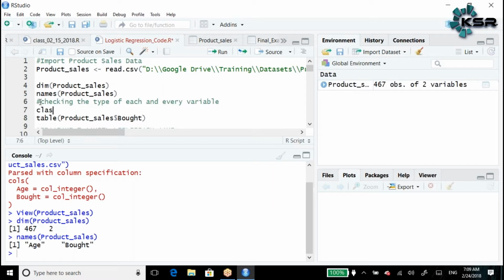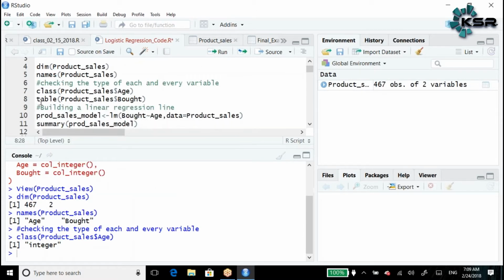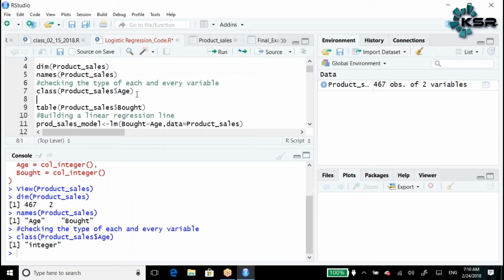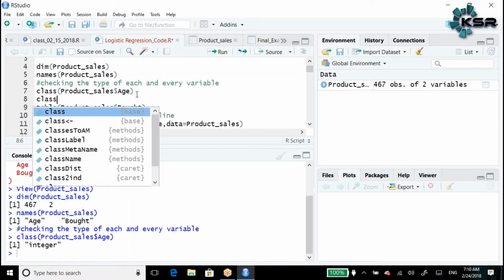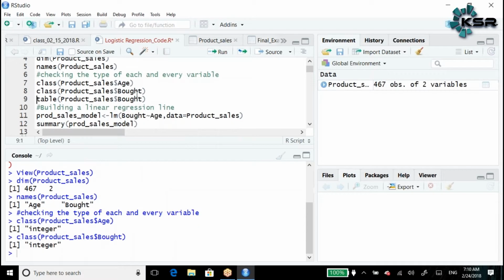Let's check the class of product sales $age. The age is an integer. Class of product sales $bought, integer. Okay, both are integer variables.